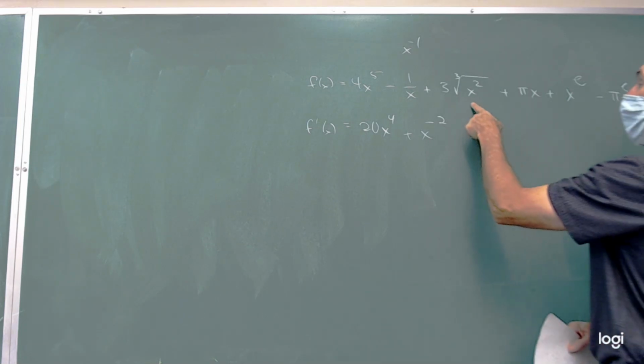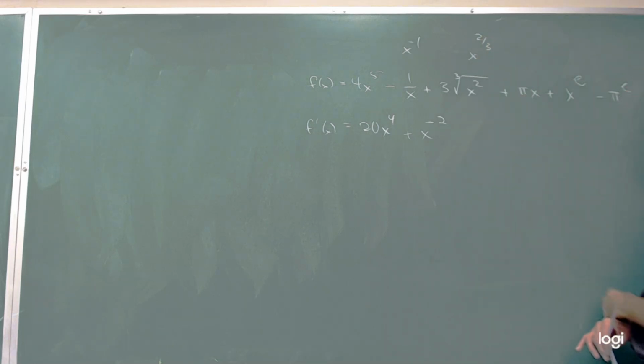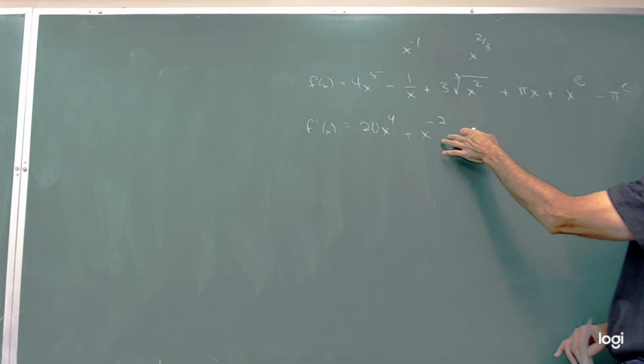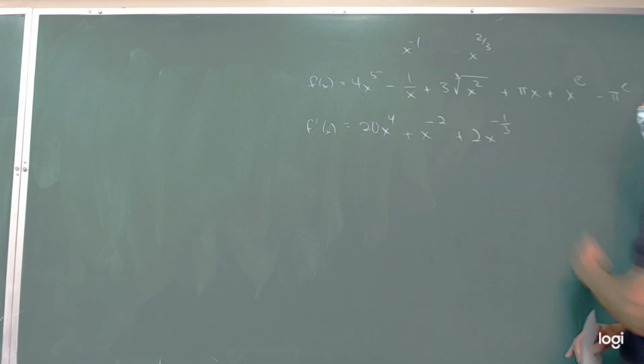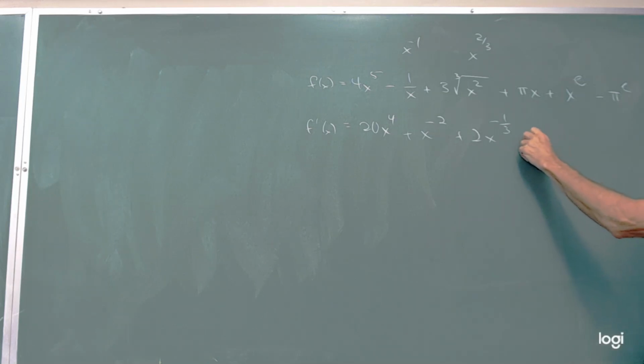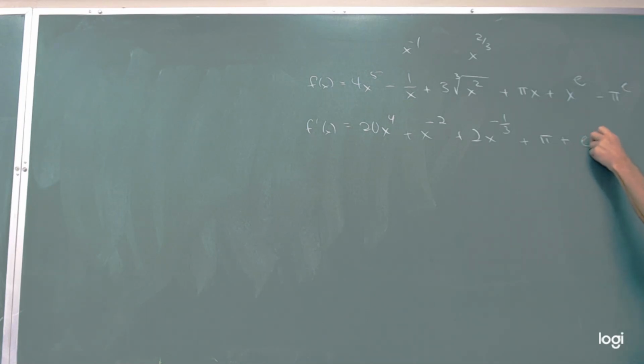And we're thinking of this as x to the 2/3. So when we differentiate that, we're going to get 2/3 x. Very nice. And the derivative of pi times x. And the derivative of x to the e. X to the e minus 1. And the derivative of minus pi to the e. 0 because that's a constant.